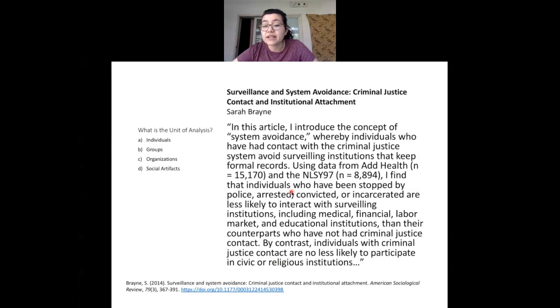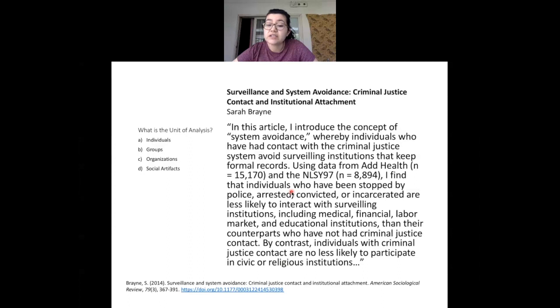Using data from AdHealth and the NLS, I find that individuals who have been stopped by police, arrested, convicted, or incarcerated are less likely to interact with surveilling institutions, including medical, financial, labor market, and educational institutions, than their counterparts who have not had criminal justice contact.